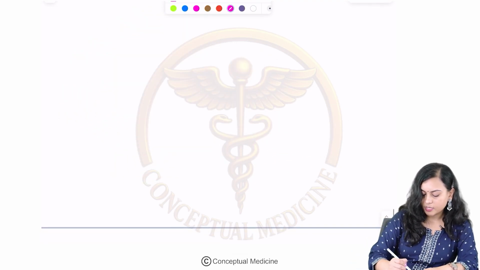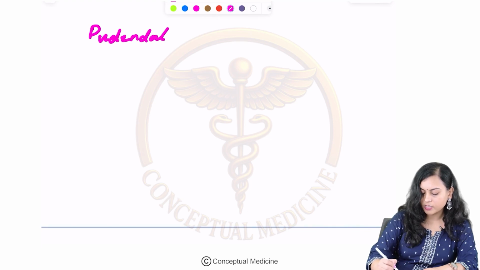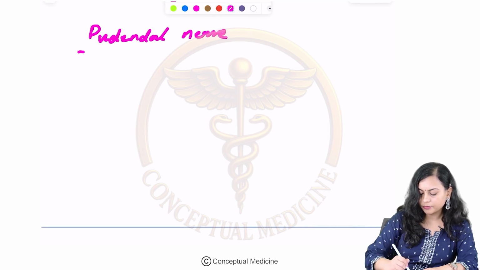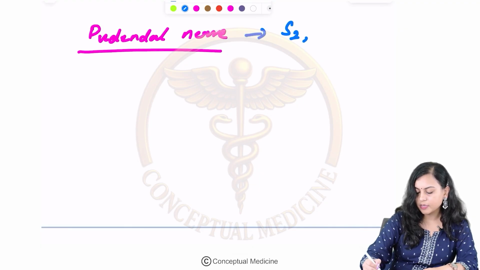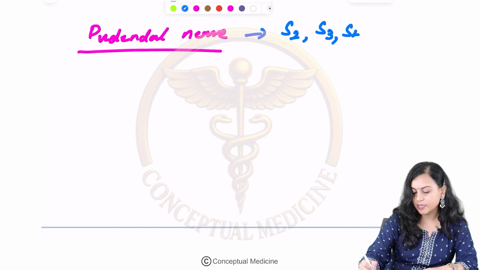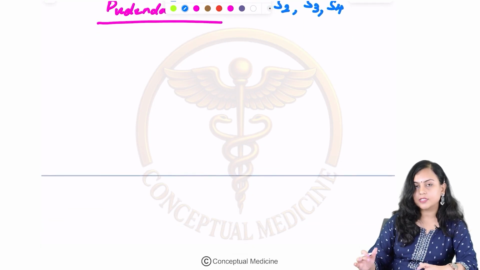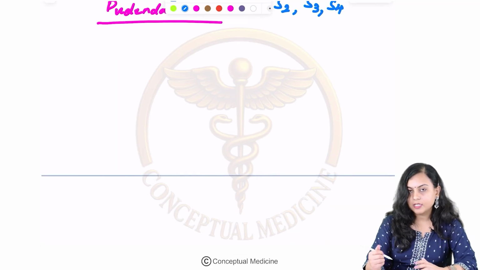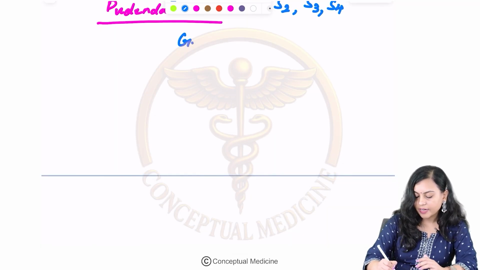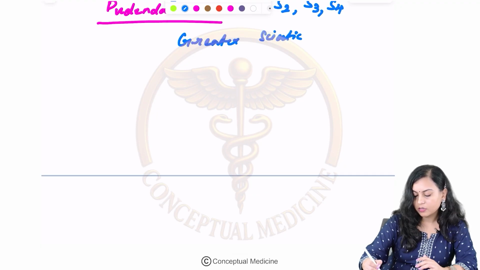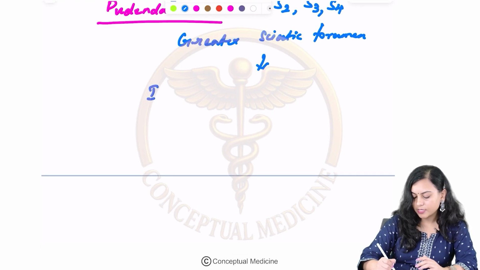One important nerve of the perineal region you have to learn is the pudendal nerve. So pudendal nerve root value is S2, S3 and S4. So basically the pudendal nerve starts from these nerve roots and it passes via the greater sciatic foramen and near the ischial tuberosity.